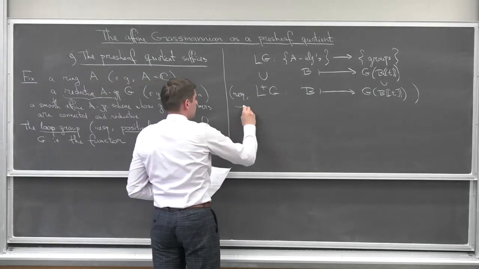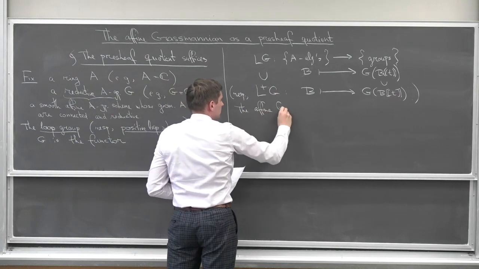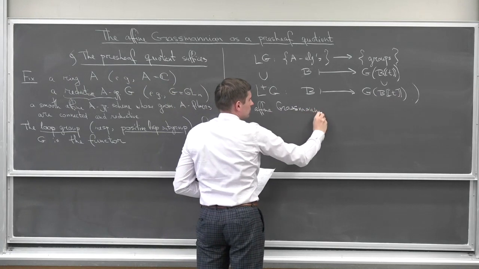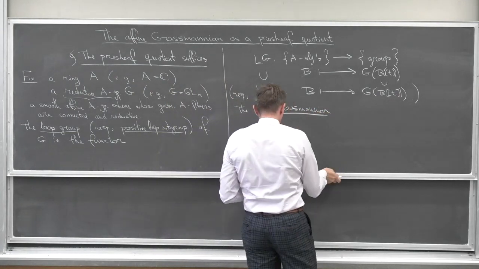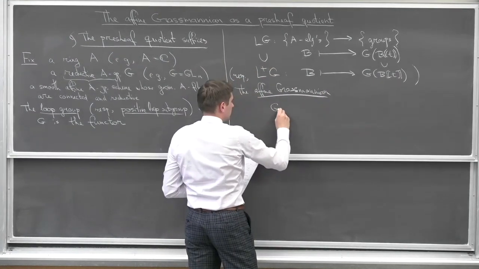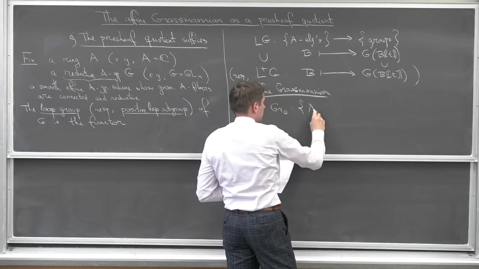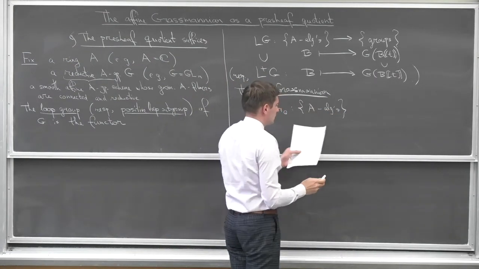Okay, so then the affine Grassmannian of G is the quotient of the two. It's an object that's well studied in geometric representation theory, for instance.